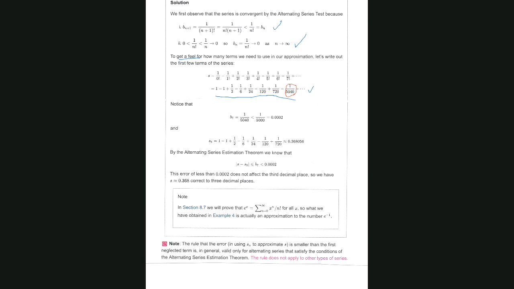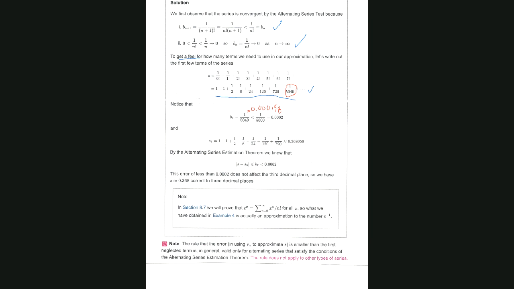But if you put this on your calculator, 1 divided by 5,040 is 1.98 e negative 4, which is 1.98 times 10 to the negative 4th. So that's 0.0001998.